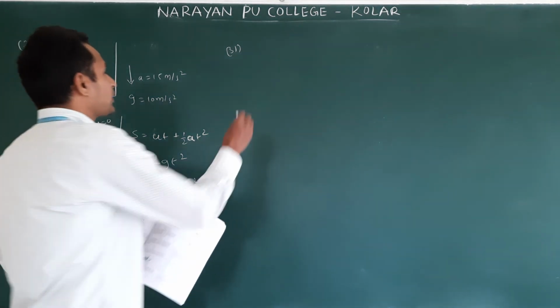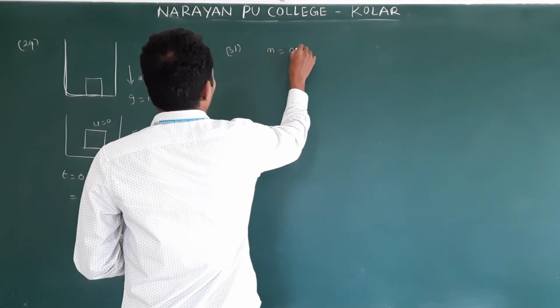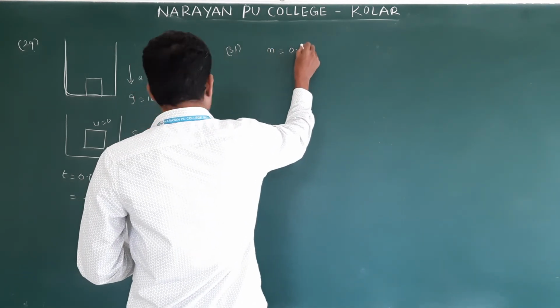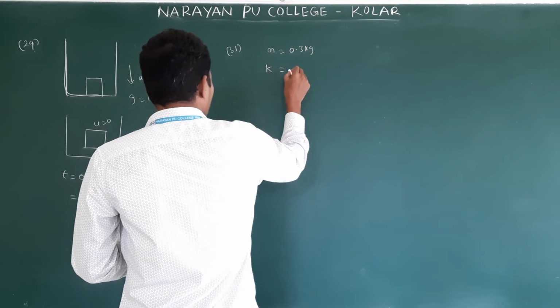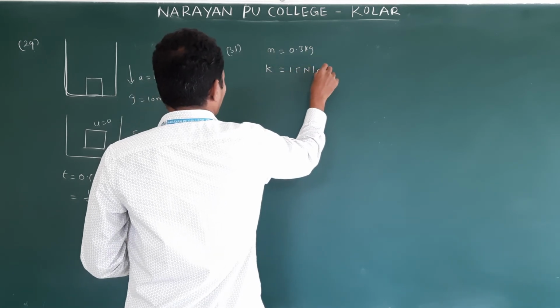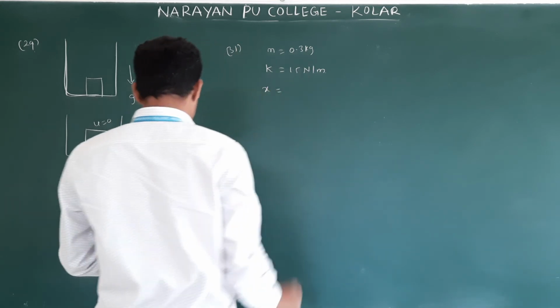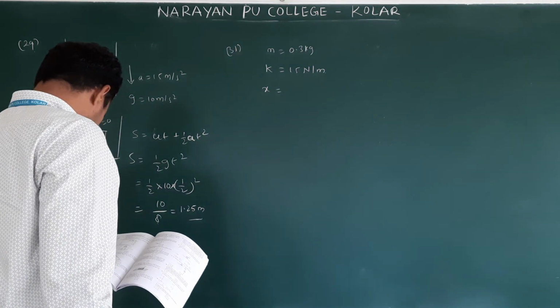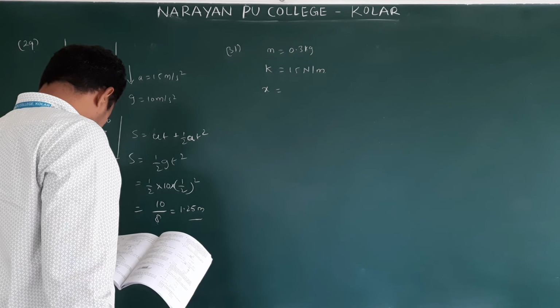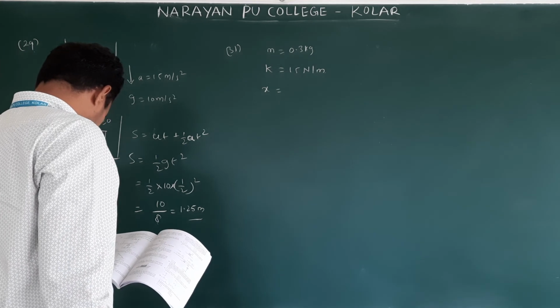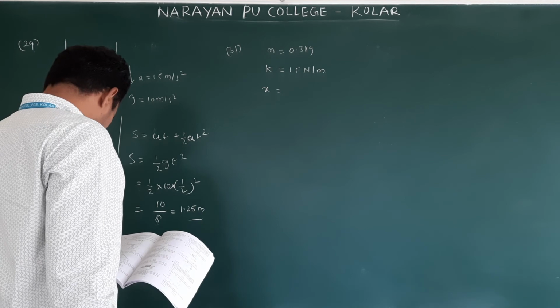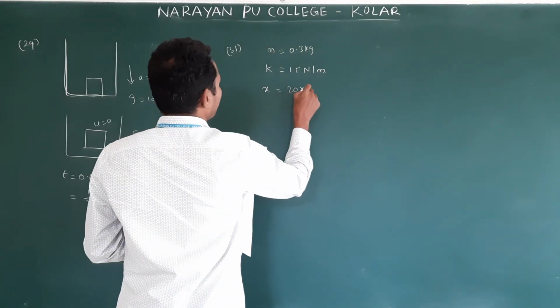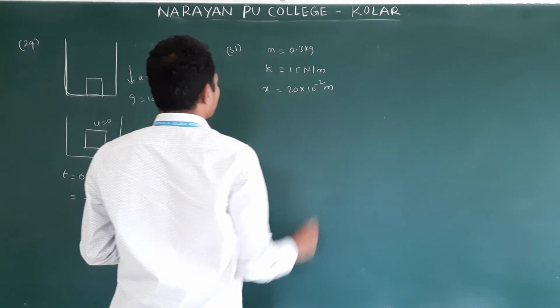Clear? Okay. Mass is given. m is equal to 0.3 kg. k given, the force constant, that is 15 Newton per meter. Displacement is given. x is equal to 20 centimeter. 20 into 10 power minus 2 meter.